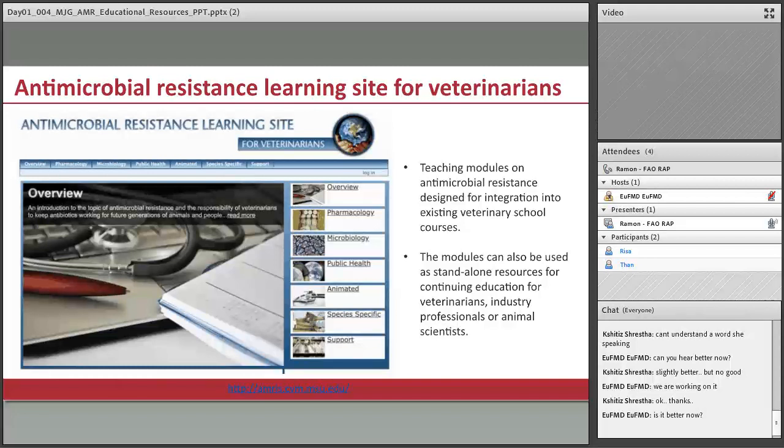This breaks down the topics into pharmacology, microbiology, public health, and some medicine subjects. The purpose of the site is so that the topics are integrated conveniently in your learning modules. These are given in modules, and you can easily download or insert them, or some faculty would use this to integrate them in their class.